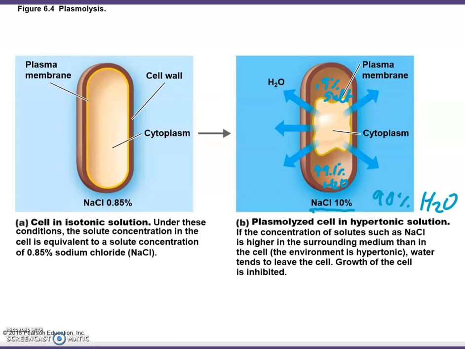So knowing what happens in high salt concentrations or also high sugar concentrations, you can use that knowledge to preserve food. For example, pickled stuff that's in high salt concentrations is a natural preservative. Or if you have high sugar concentrations like in jams and jellies, then you can preserve your food quite well, because most bacteria cannot grow in this kind of environment, and as a result, you have a natural preservative.